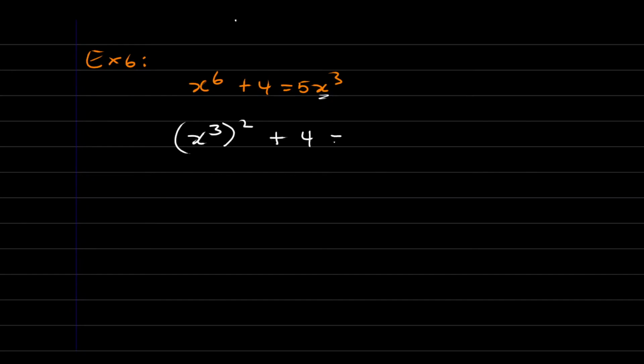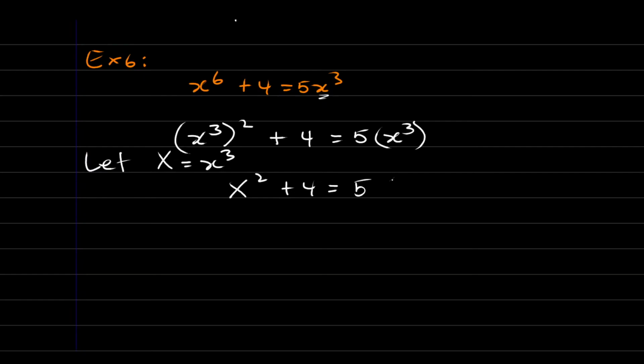Plus 4 equal 5x to the 3rd power. And I'm going to say let x equal x to the 3rd, and I'm going to get x squared plus 4 equal to 5x, and then I'm going to put everything on one side. X squared minus 5x plus 4 equal to 0. Alright, let's go into number 7.